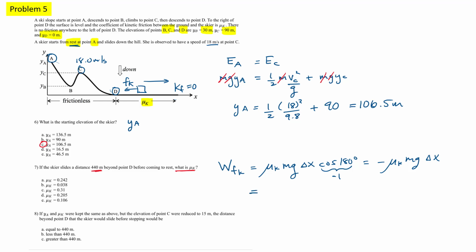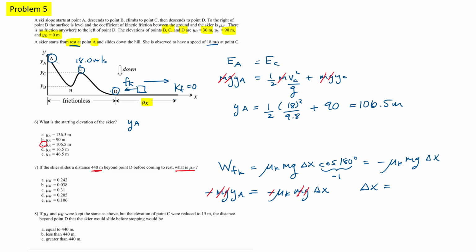At the end, we set this equal to minus that initial energy, because I'm going to lose all of this energy to work done by the force of friction. So this is mg delta x. We can cancel out the mg's, which appear on both sides, and the negative signs too.